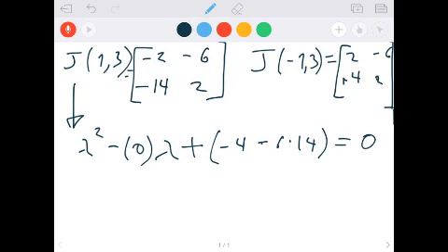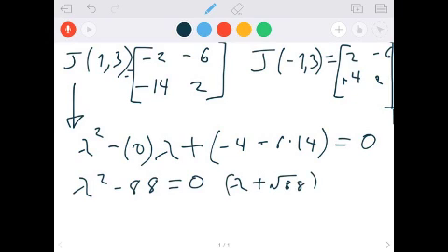So that's your characteristic equation. And I think this comes out to lambda squared minus 88 equals 0. So solving that, what would we get here? Just lambda plus root 88 times lambda minus root 88.